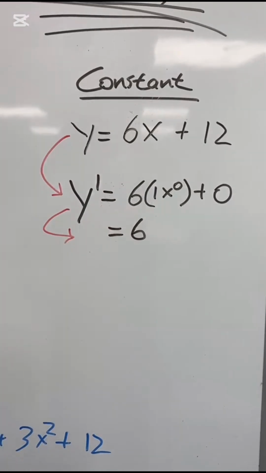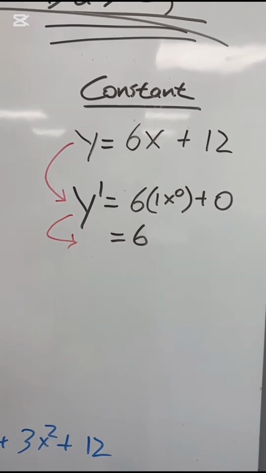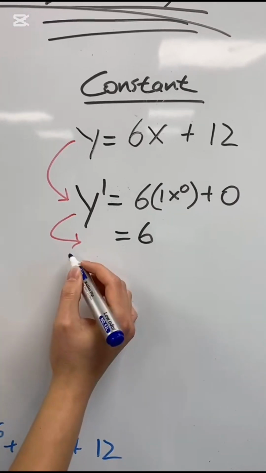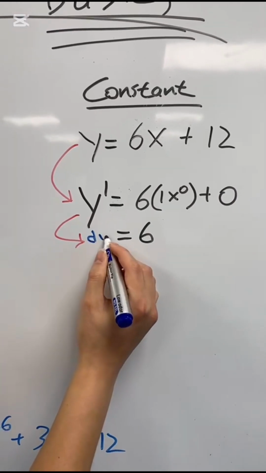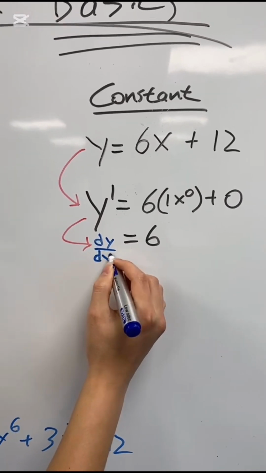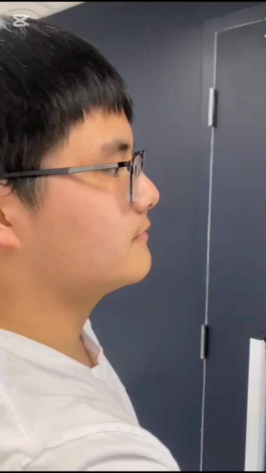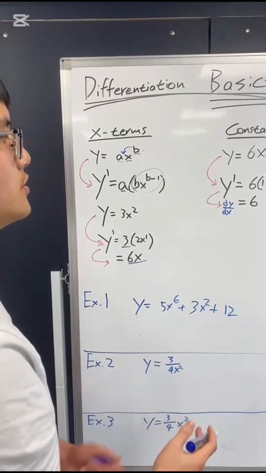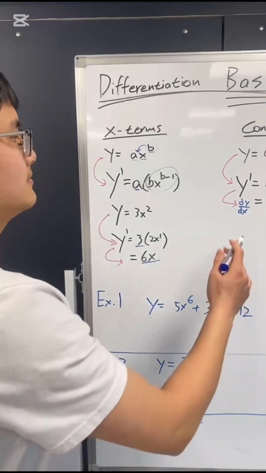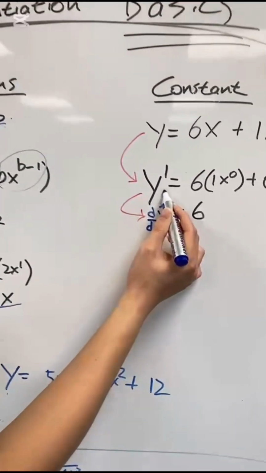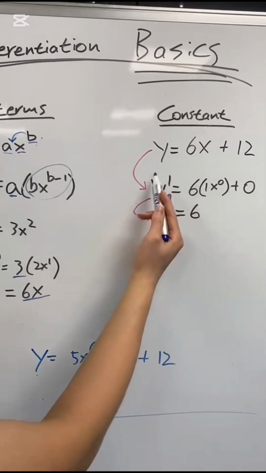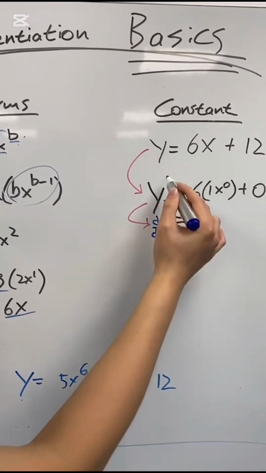And y prime, which is also the slope, the gradient, can also be written as dy/dx, which means the difference in y over the difference in x, which means the slope. These can be used interchangeably. However, for this video, I'll just stick to y prime, so y with the dash.